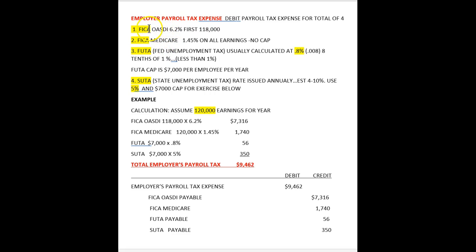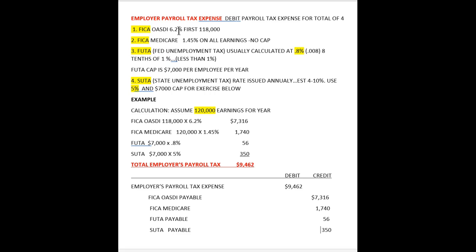I had told you then also that these two taxes, the two components of FICA, the OASDI and the Medicare, are also obligations at the same percentage as the employee pays. So not only does the employer pay in the employee's money from the withholdings, but also has to kick in his or her own share.